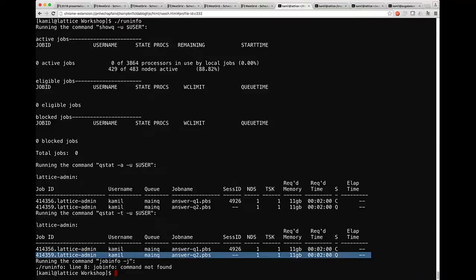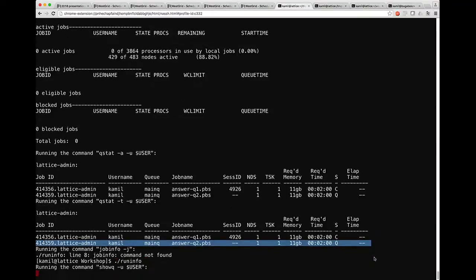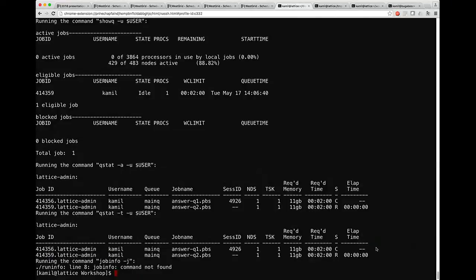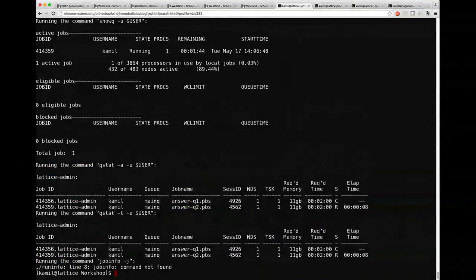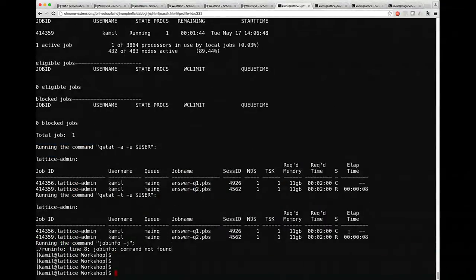We could see that the job is queued. Now it's running. It'll take a few seconds to finish. If you have any questions, please speak up or type it in the group chat.